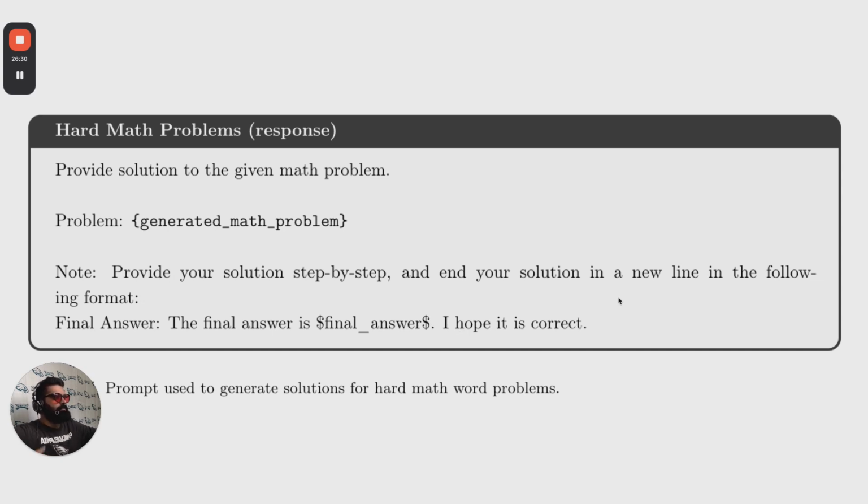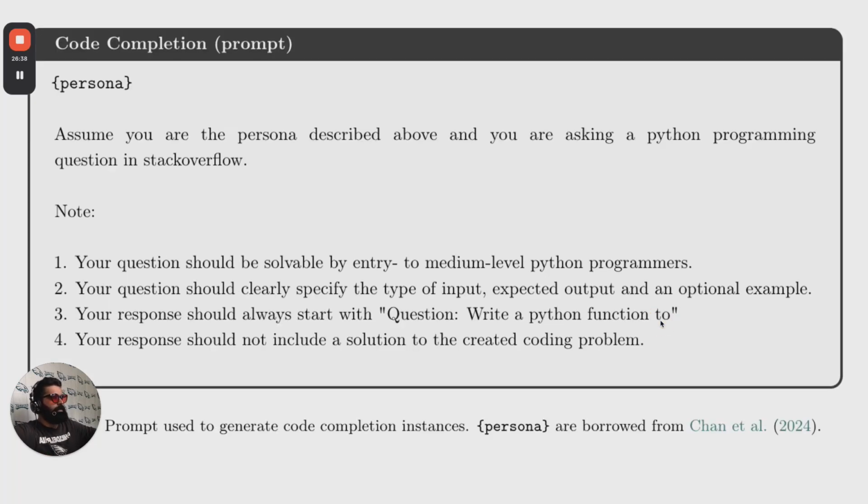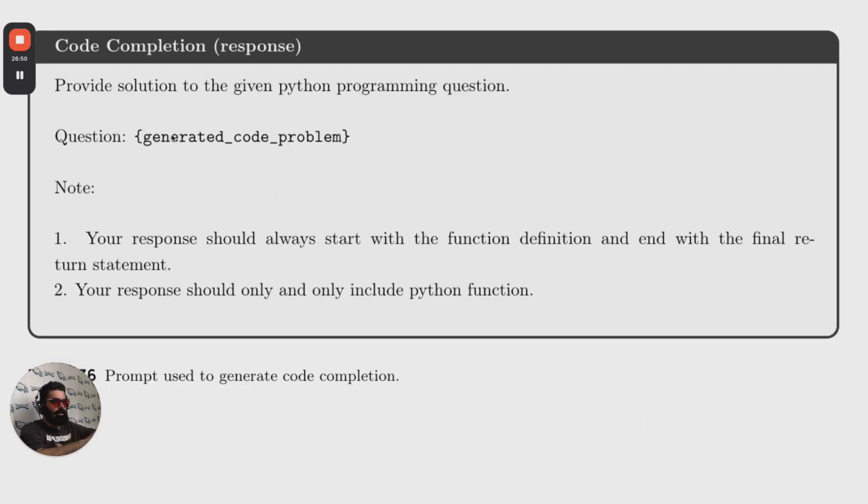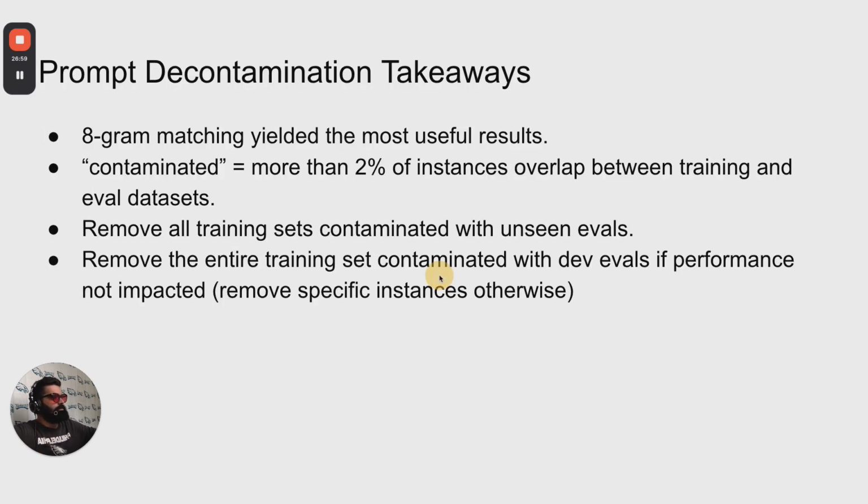Again, this allows easier extraction to confirm whether or not this was answered correctly by the model. Code completion is similar: a persona with some notes on what this type of Python programming question should be. Take that Python code problem, add it here, and provide a solution to the given programming question with some additional instructions. And again, they repeat this process for coding as well as for math.